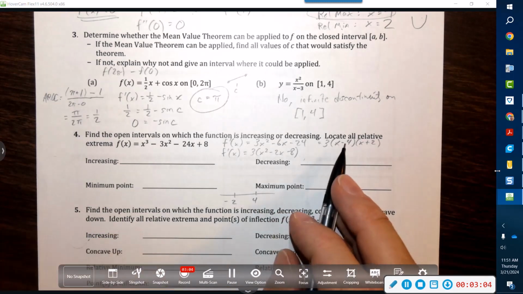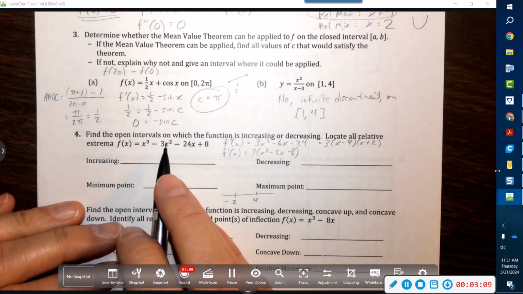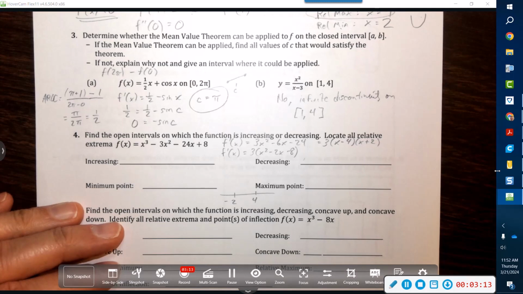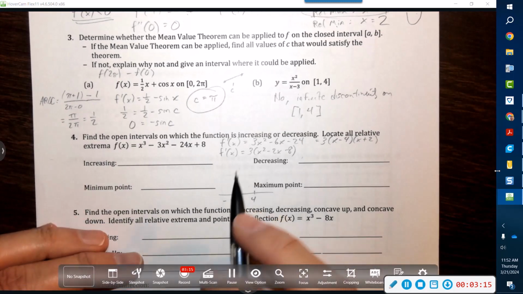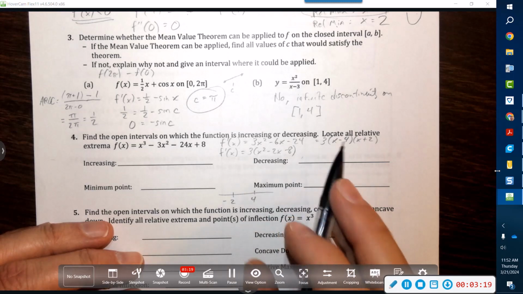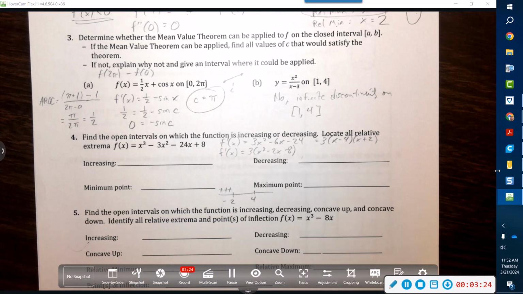We plug it into the derivative to see if it's negative or positive. Don't plug it into the original function. That is just going to tell you how high your graph is, but it doesn't tell you if you're increasing or decreasing. So let's plug in a -3, and that's going to give us negative times negative, which is a positive.